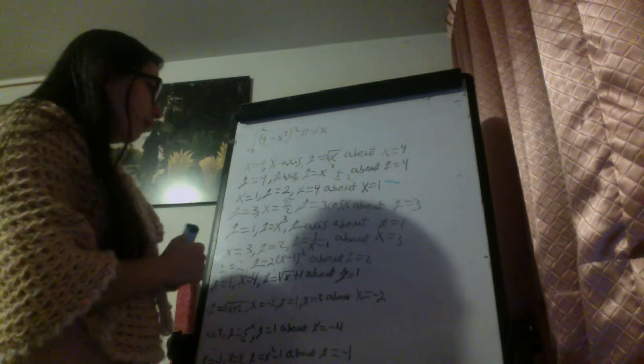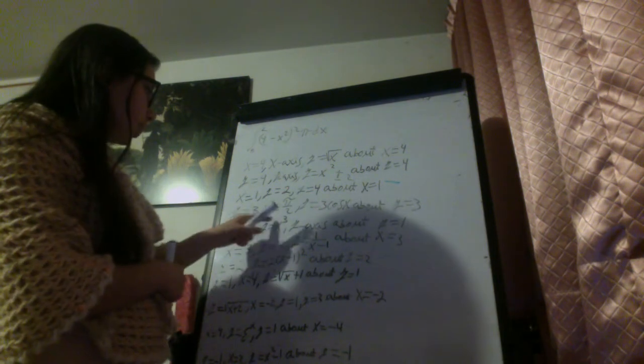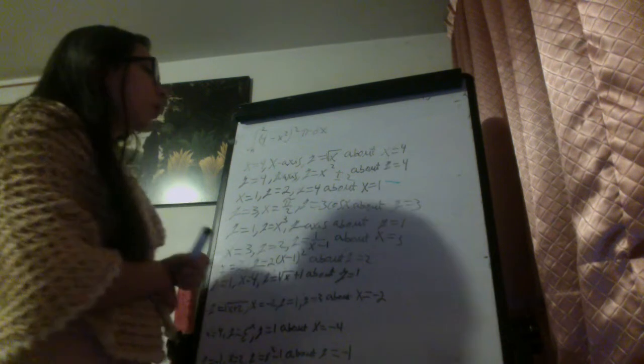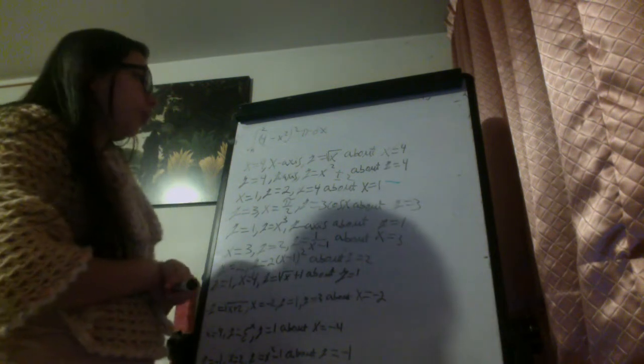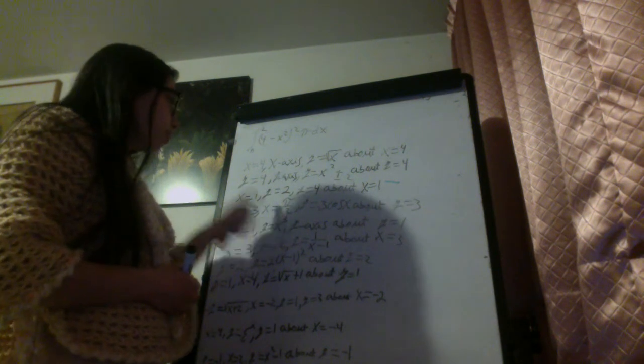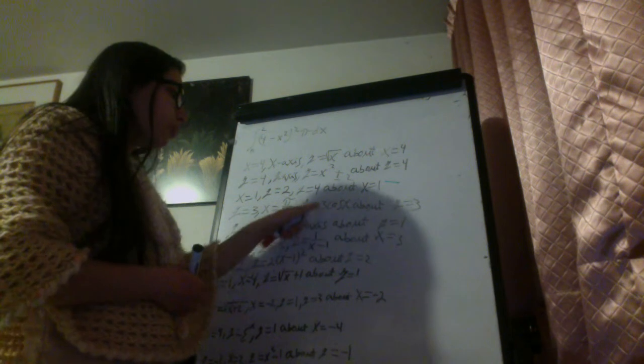The next one is y equals 3, x equals pi over 2, y equals 3 cosine x, about y equals 3. Everything we need to put in terms of x because we are rotating it around y equals 3. So the bounds of integration: one is x equals pi over 2. The other is the intersection between y equals 3 and y equals 3 cosine x.